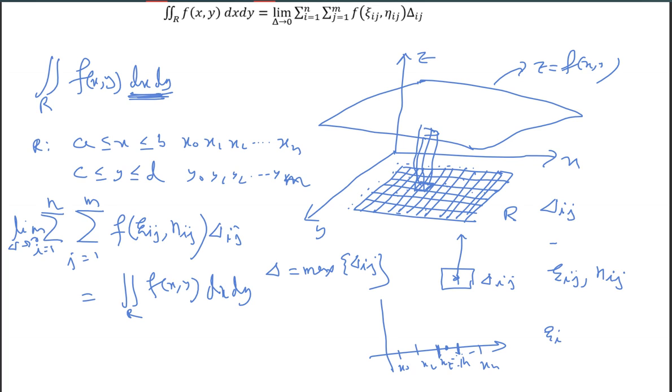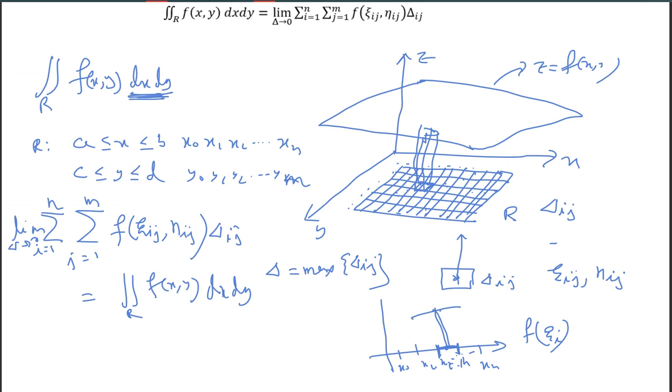Then we take the projection on this curve that we defined as f, and that was multiplied by the area of the rectangle. Here it is representing the rectangular volume, f of xi ij, eta ij.